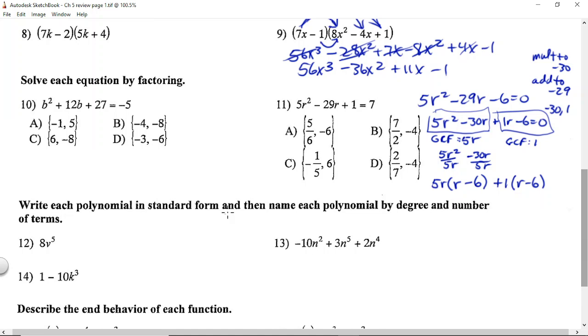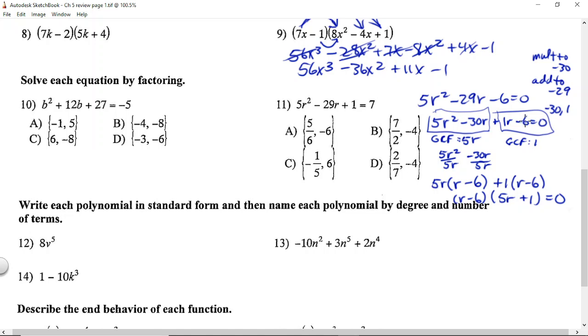I'll have to write this down a little bit below to fit it all in. So we factor out r minus 6 from that and factor out r minus 6 from that. And when we do that, I'll squeeze it in here. We have 5r and we have plus 1. The 5r is from there, the plus 1 is from there. So we've got it factored, and of course that equals 0.